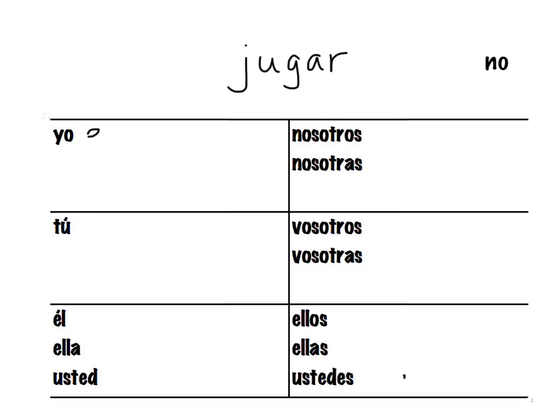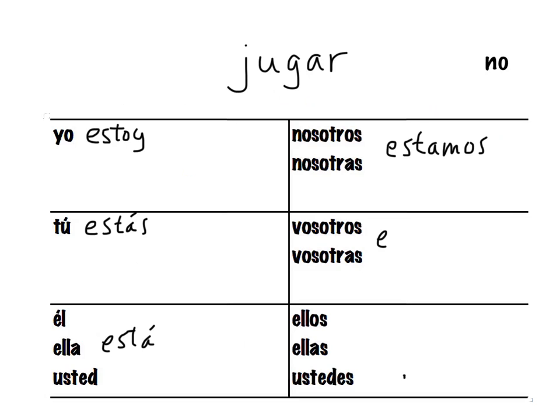So estar. This is one more of the uses of estar. We know to use estar for location. We know to use estar for talking about certain feelings. And we also know now to use it as the helper or auxiliary verb for the present progressive tense.